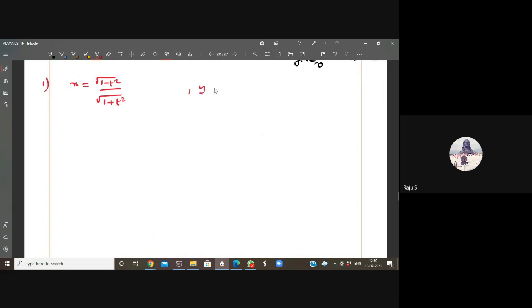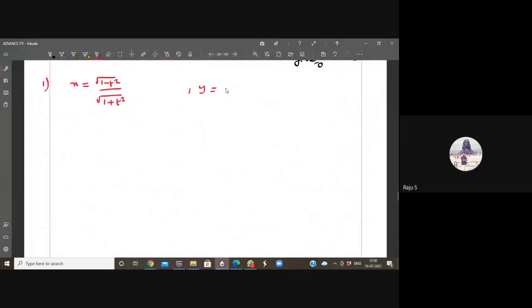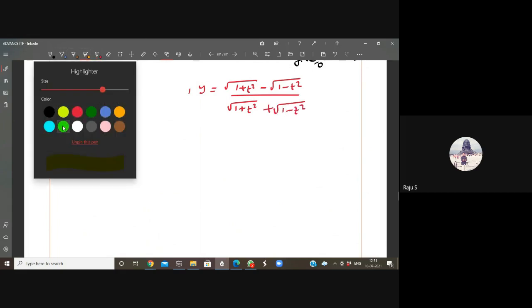But what is y? Root over 1 plus t square is first.